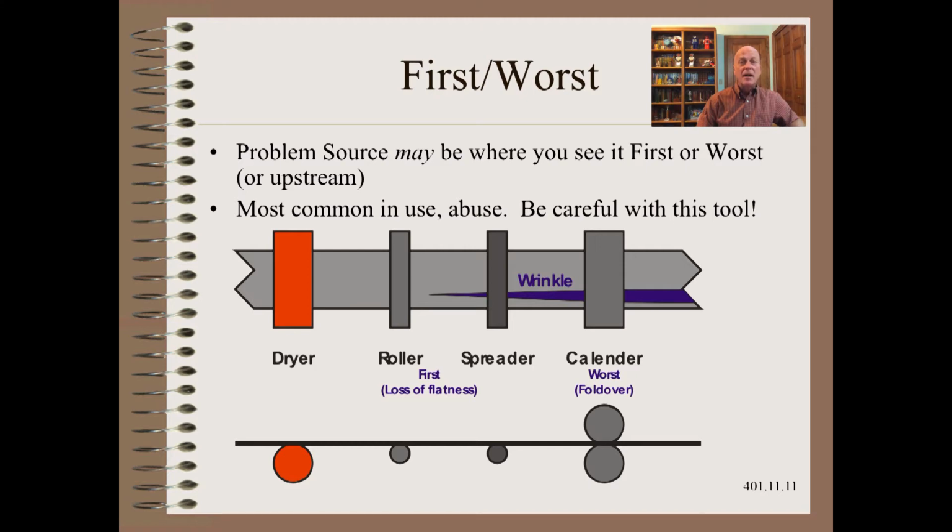Lastly, I want to mention a common, but also commonly abused method. That is, to conclude that the problem cause is where you see the problem first or where you see it worst. There are potentially debilitating problems with this tool. The first is that some problems can actually move upstream from their source.